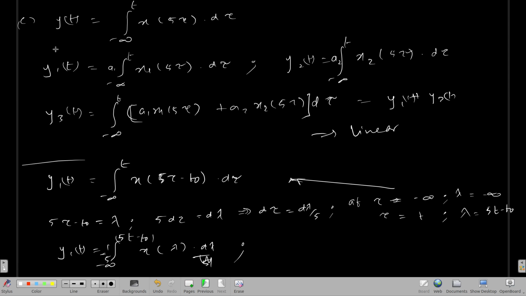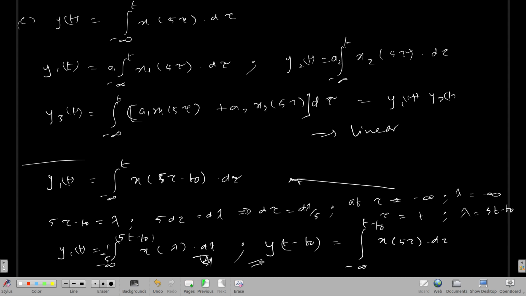Now in this equation, if we shift the whole thing by t0, if we replace t by t minus t0, what will it be? y of t minus t0 is equal to the integral from minus infinity to t minus t0 of x of phi tau d tau. Here we cannot put it as phi tau minus t0, because the variable we are considering is t only, right? So we can only change t.